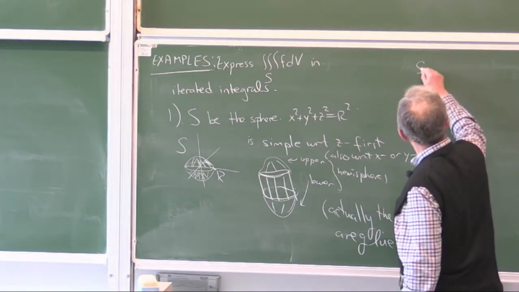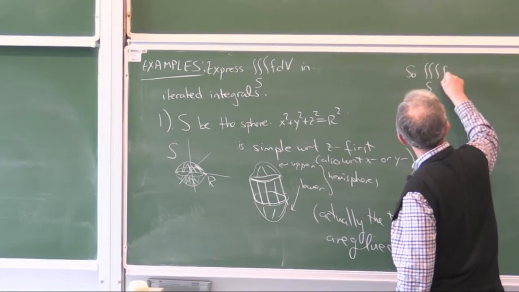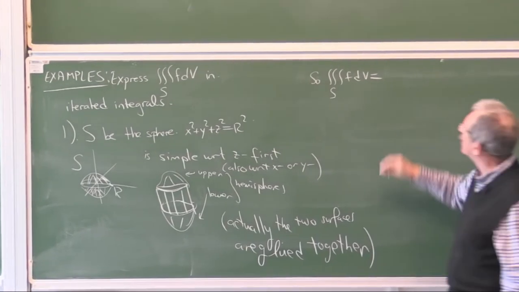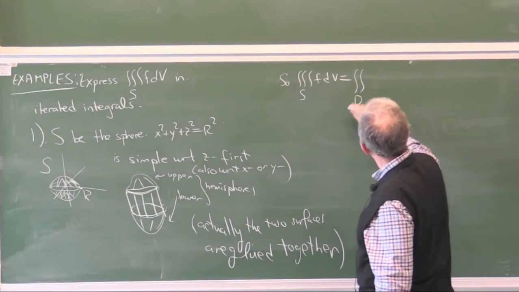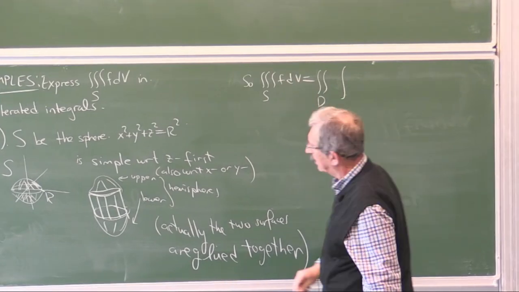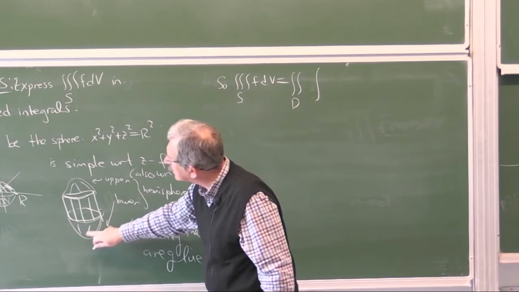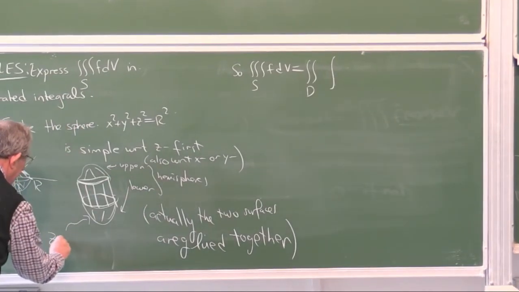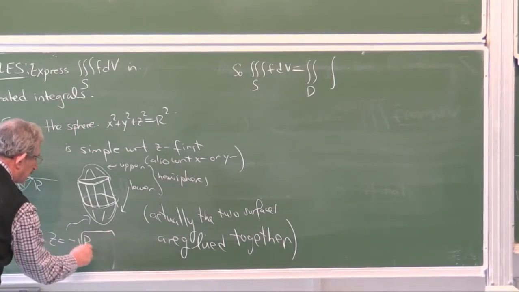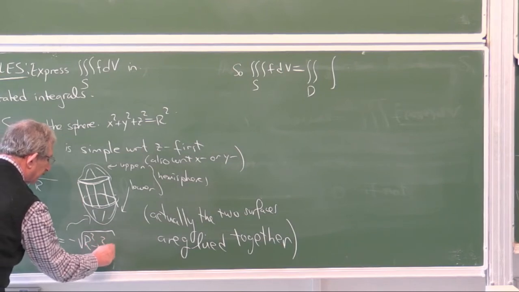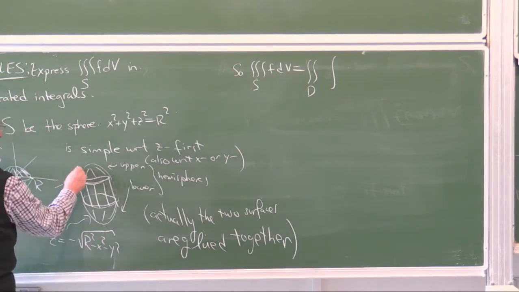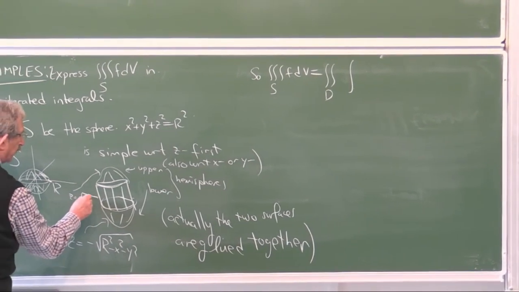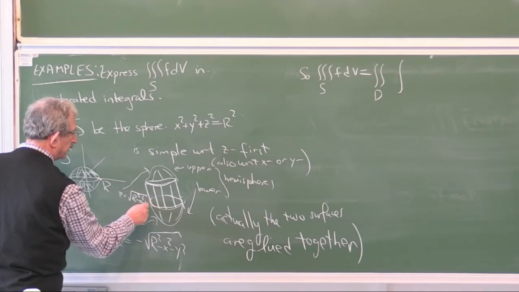So, a triple integral over S would be a double integral over D, where the lower one is, of course, z equals the negative of the square root of r squared minus x squared minus y squared, and the other one is the positive of the square root of r squared minus x squared minus y squared.